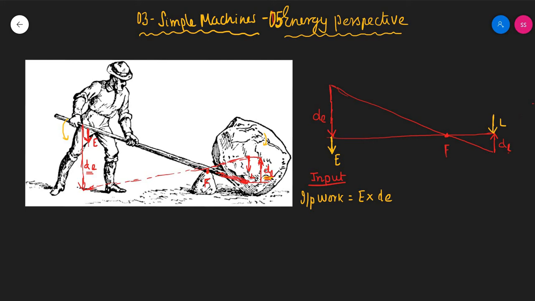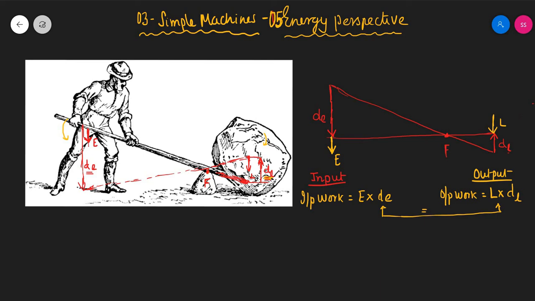So that's your effort into dE. And this is your output, on the load side. Your output work is given by your load into the distance moved by the load arm. And ideally, both these have to be equal in magnitude, if your input work is equal to output work.